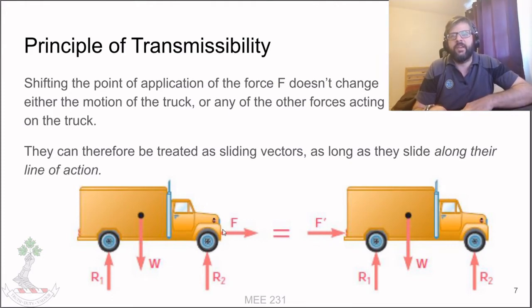This is exactly the same equilibrium condition as this one is. So basically, shifting that force along its line of action does not affect any of the other forces acting upon the truck.